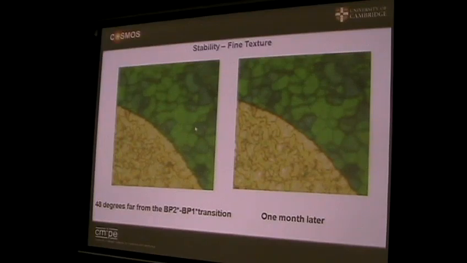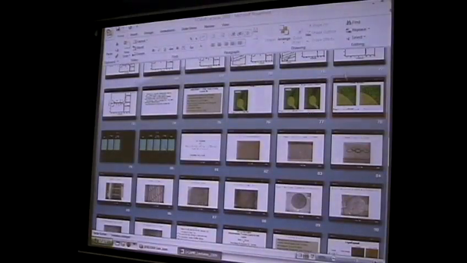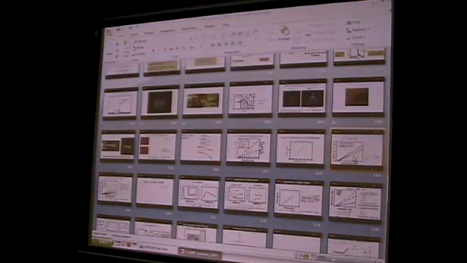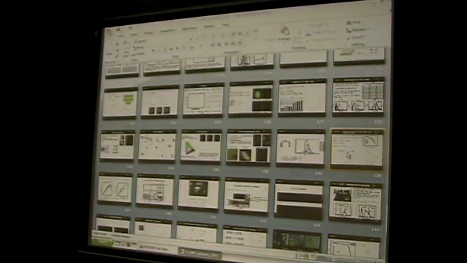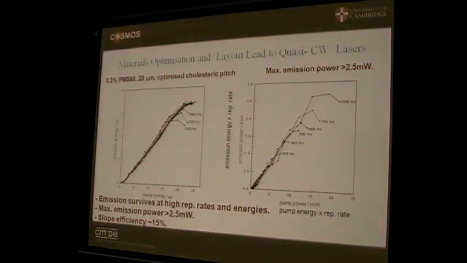And then just to show you that if the texture doesn't change, the output doesn't change. So the texture is fine. And with those curves that I showed you, provided you stay in that linear region, that lasers at that same rate for months.